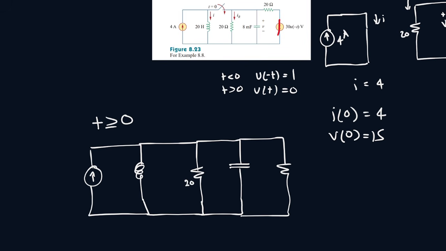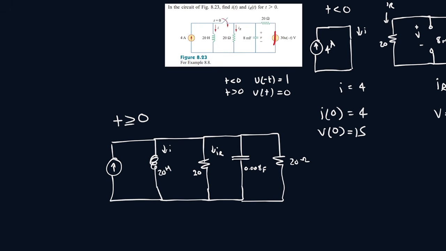So 20 ohms, 0.008 farads. This is 20 ohms. This is 20 henries. There's I passing through here, and there's IR passing through here. And then there's a voltage here. Now the voltage of this capacitor is going to be the same voltage for this entire node region here. Okay, so we'll just denote this to be V.